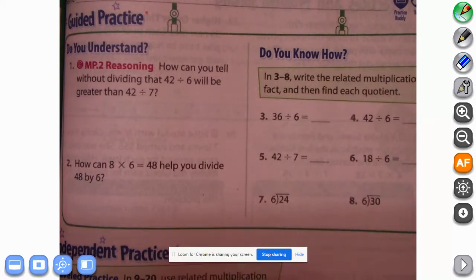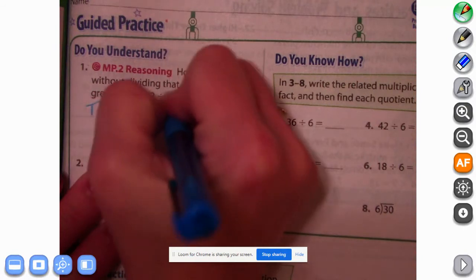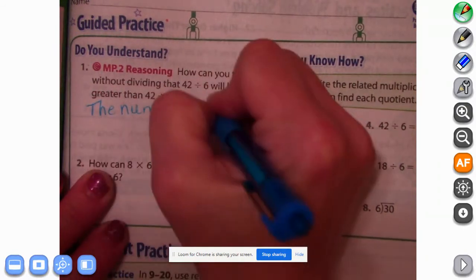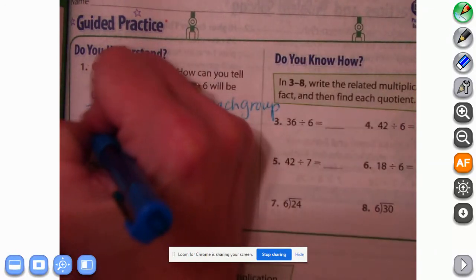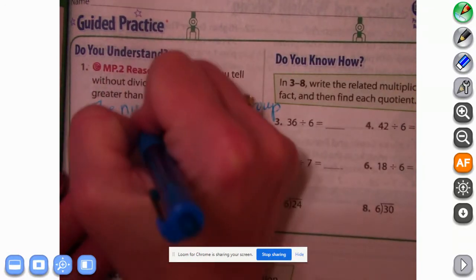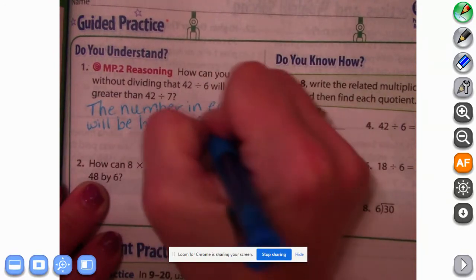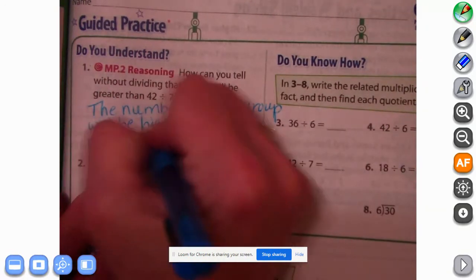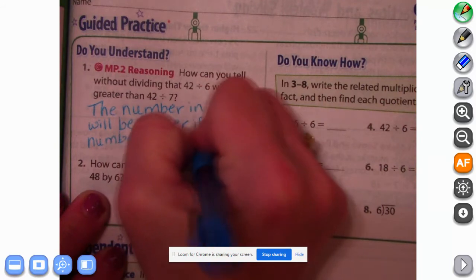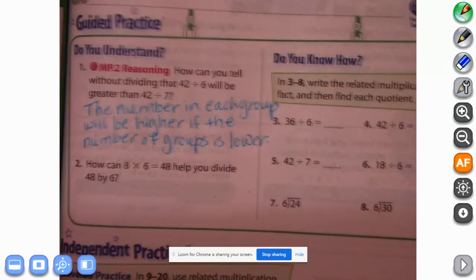Okay, so we can say the number in each group will be higher if the number of groups is lower, or vice versa.